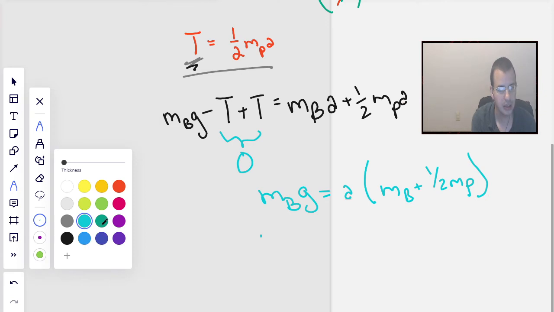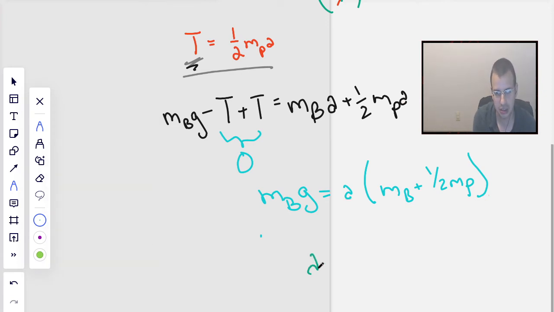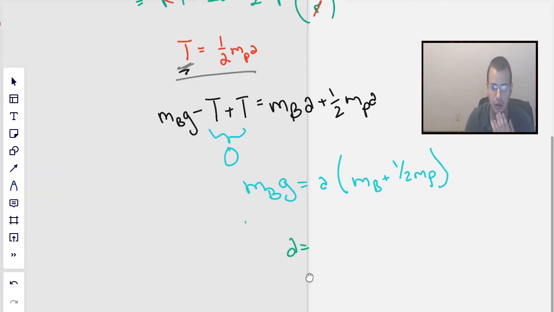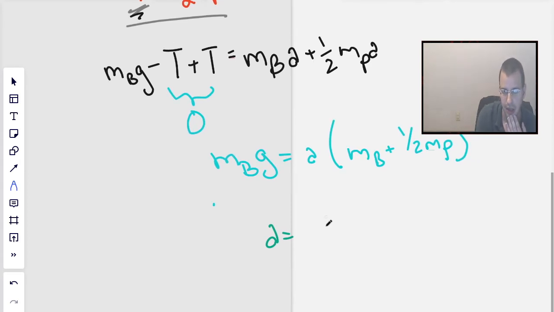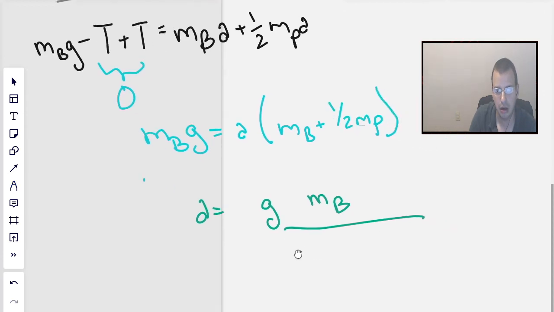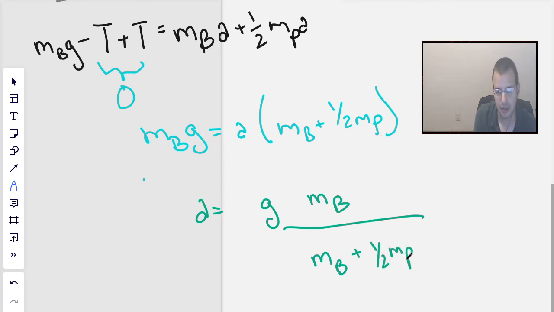And then we can say that acceleration equals, I'm going to write this as gravity times mass of the block all over mass of the block plus 1/2 mass of the pulley.